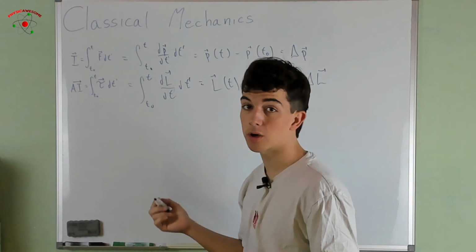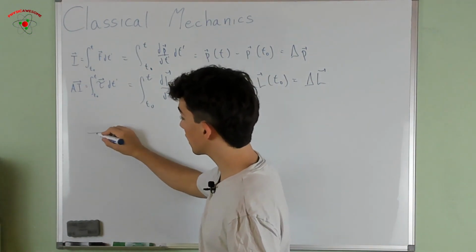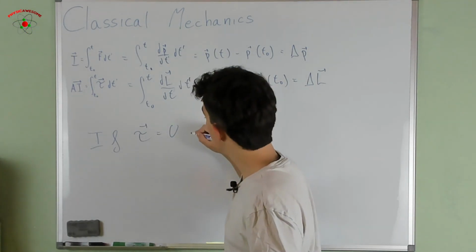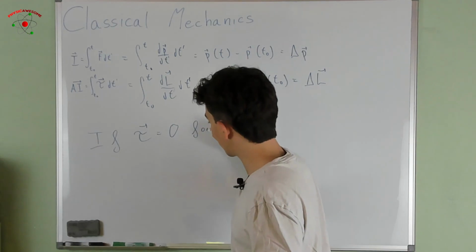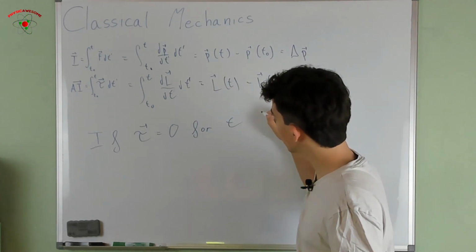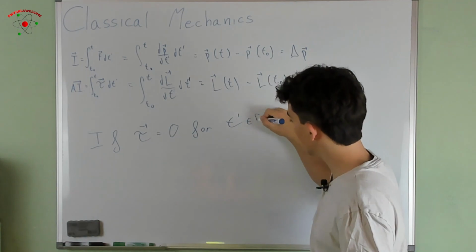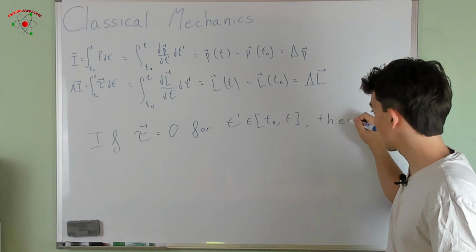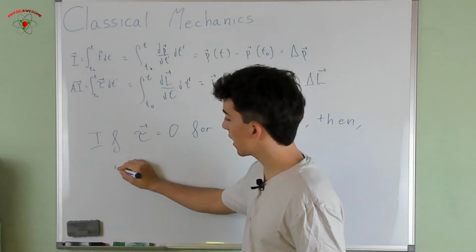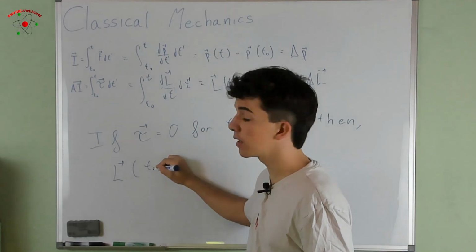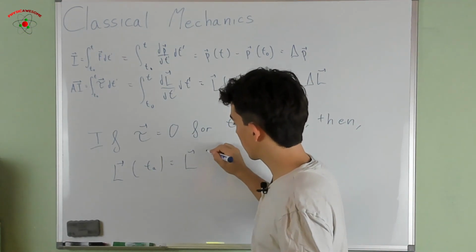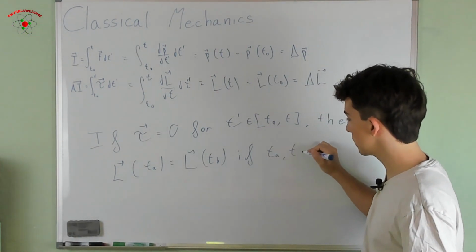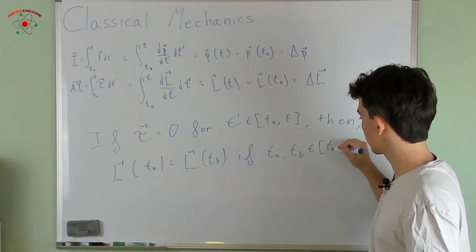Similarly, and this is the important conclusion that we reach, if the torque equals zero for t prime in t naught to t, then L at tA equals L at tB if tA, tB are inside of t naught, t.